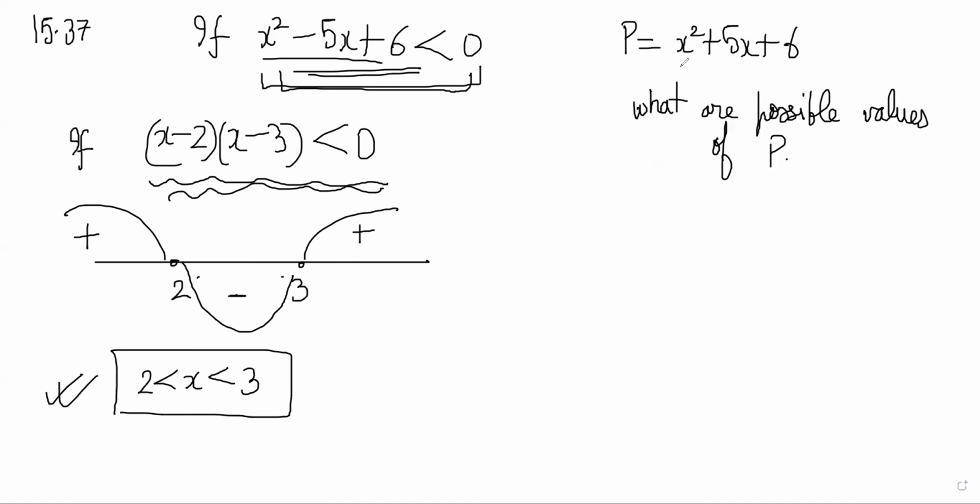Now we have to figure out what are the possible values of p, right? So we'll say p is equal to x square plus 5x plus 6. By completing the square, you should add and subtract 25 by 4.